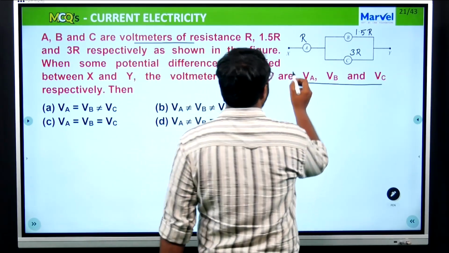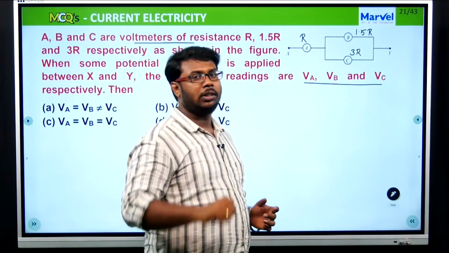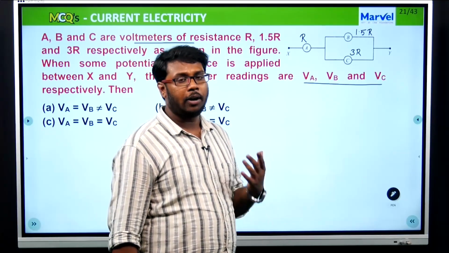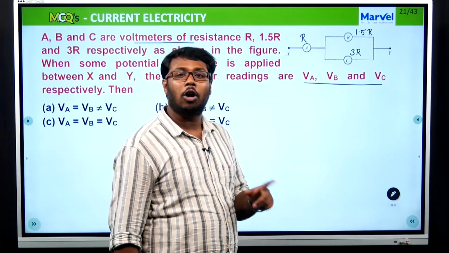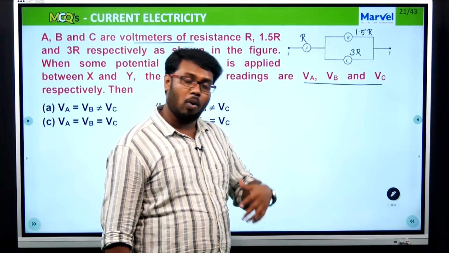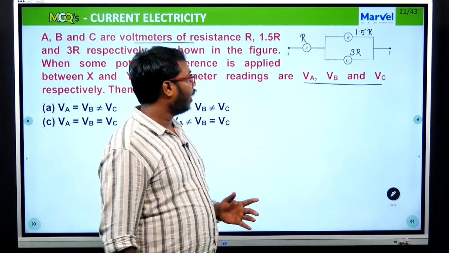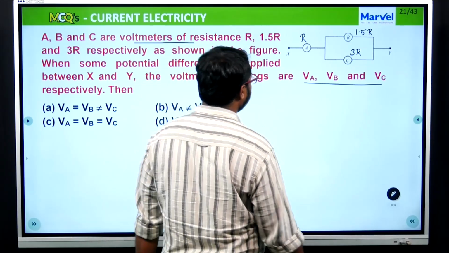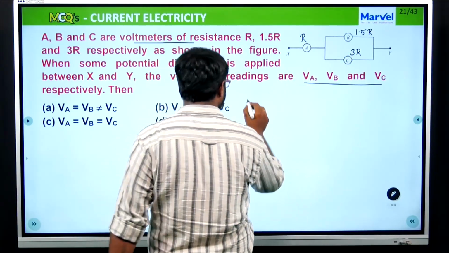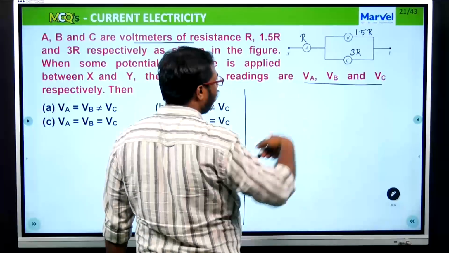When I connect a battery across X and Y, the first thing to understand is that if two devices are connected in series, the potential drops on them will not be the same. But if the devices are connected in parallel, whatever the device may be, the potential drops on them will be the same. Now listen carefully. To find how the current is distributed among them, I first need the overall resistance.